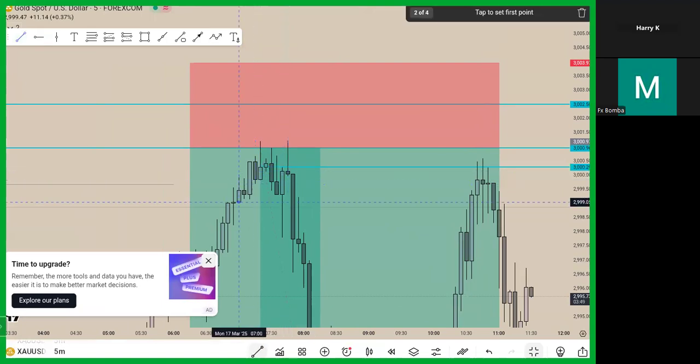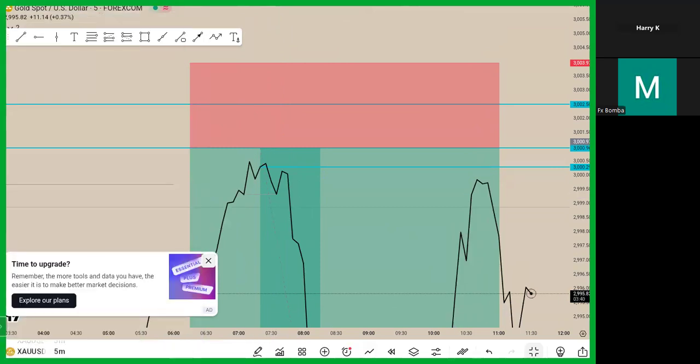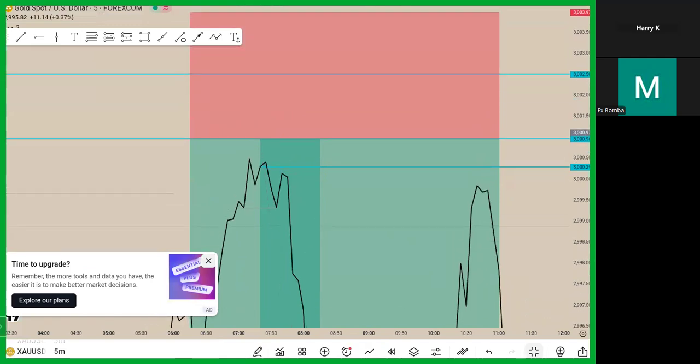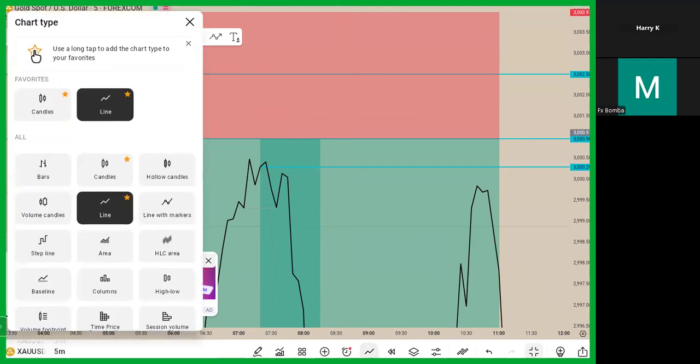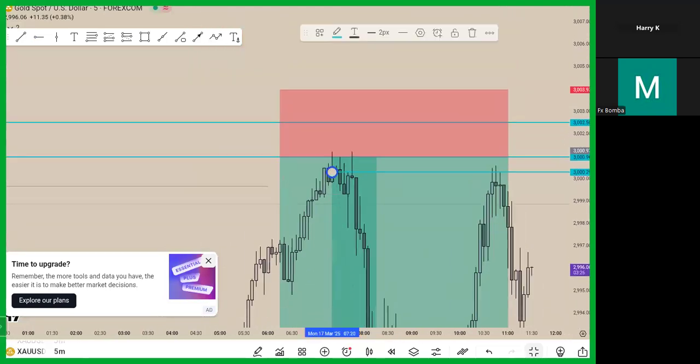They have broken here, then wait for the pullback to the extreme, then they enter. If we had a break here, they could have entered from somewhere here or here, depending on your style of trading. That's why I tell you that every entry pattern will work if you know the right stuff.